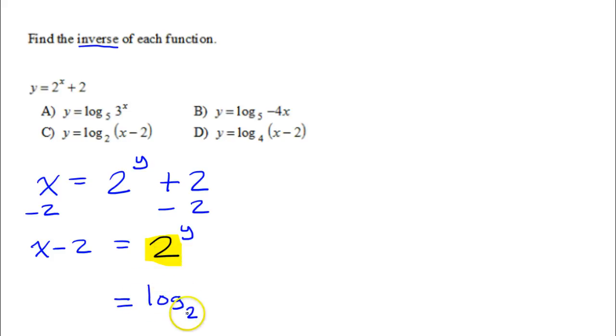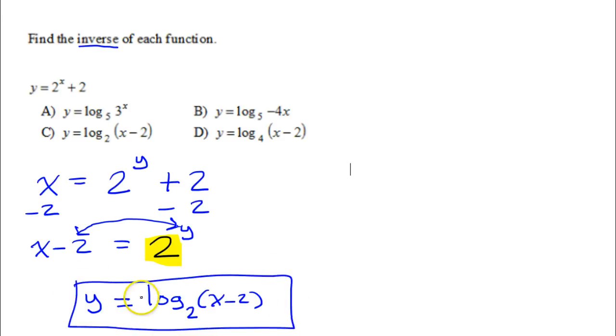We read this log base 2 because 2 is the base. That is a subscript. It's hanging low. Now, the y and the x minus 2 are going to switch sides of the equation. So the y is going to end up over here, and the x minus 2 is going to end up over here. Suddenly, y is by itself.